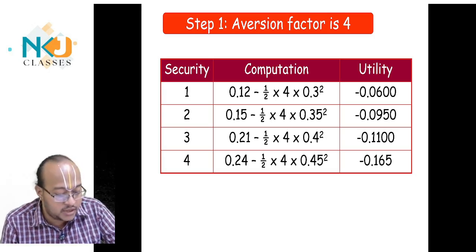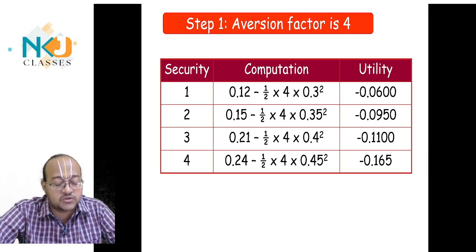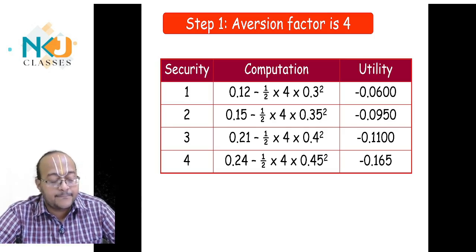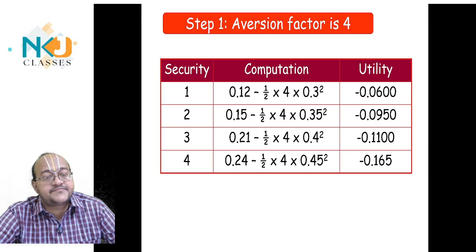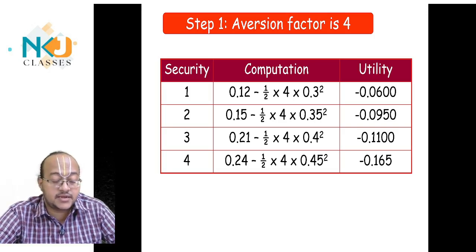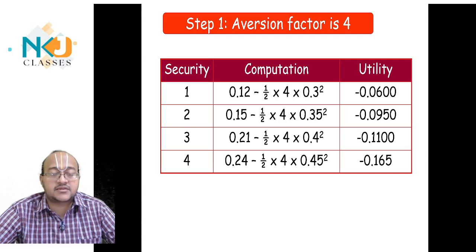Now tell me, if aversion factor is 4, which security he will choose? Carefully observe and tell me. Security 1. Yes, security 1, because it is having least negative. Are you understanding? Least negative is highest only.